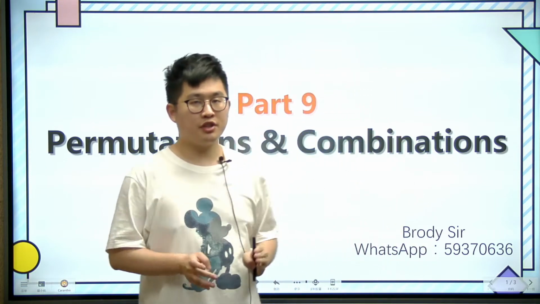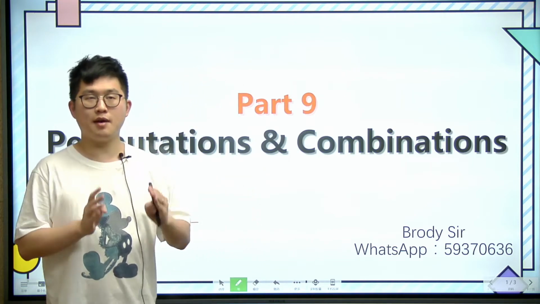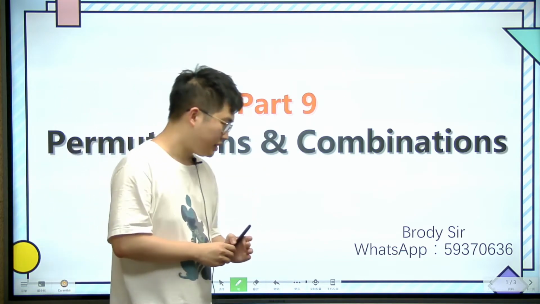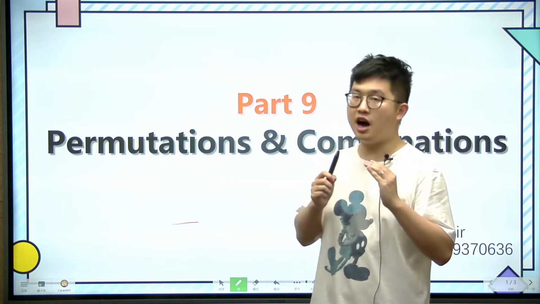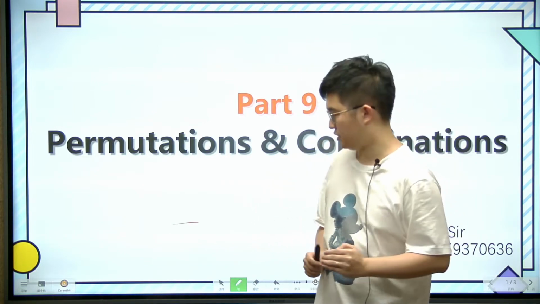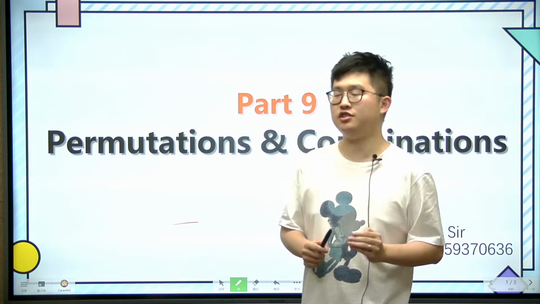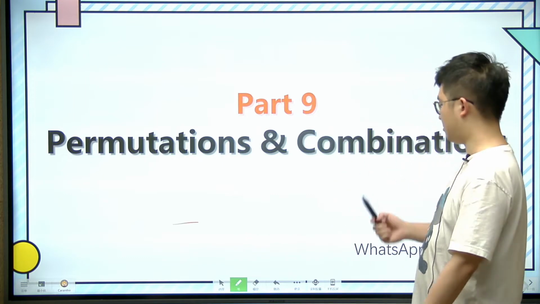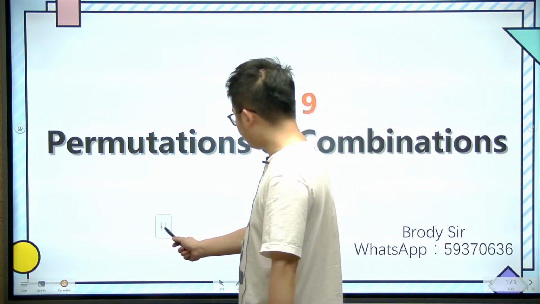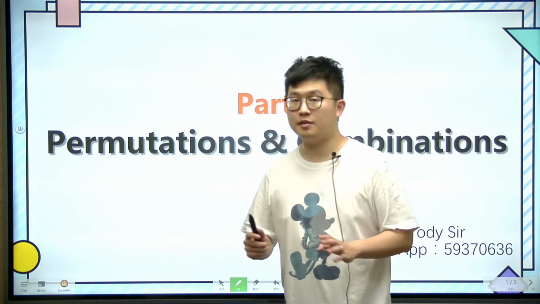Now, permutation and combination are quite similar in fact, but what makes the difference is whether the order matters. If the order matters, then it's permutation, and if it doesn't, then it's combination. Let's see some very simple examples.